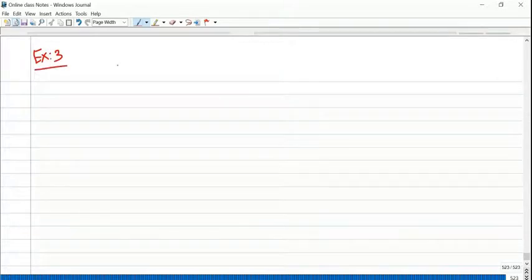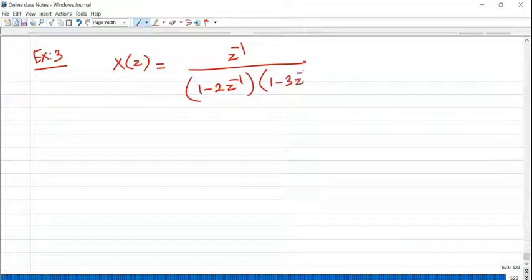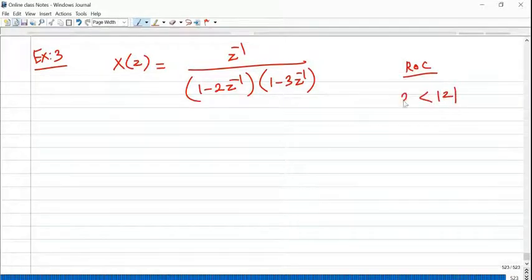So example 3: X of z equals z power minus 1 divided by (1 minus 2 z power minus 1)(1 minus 3 z power minus 1). Now the region of convergence is given as 2 to 3.